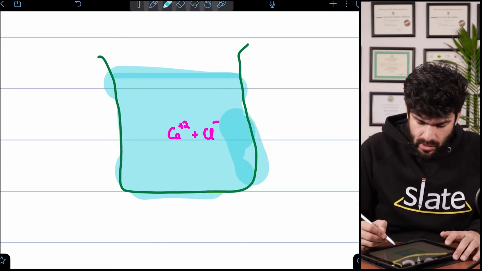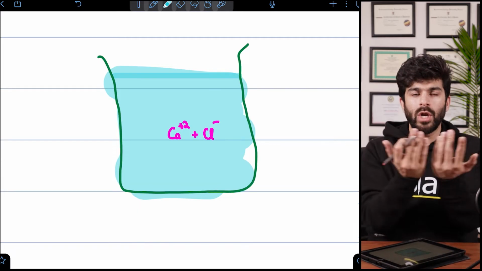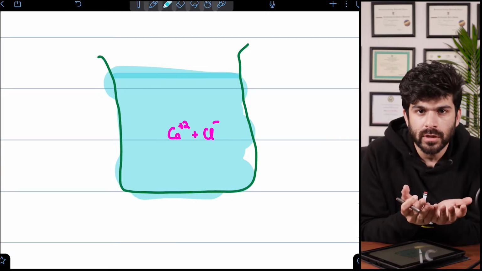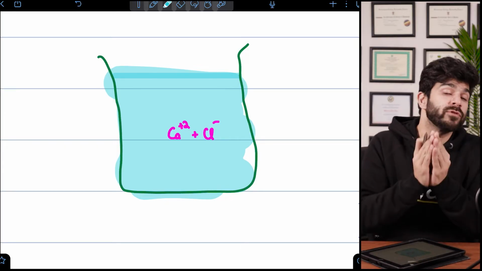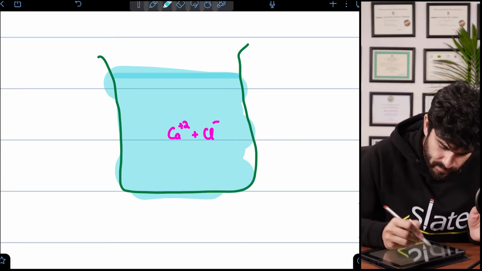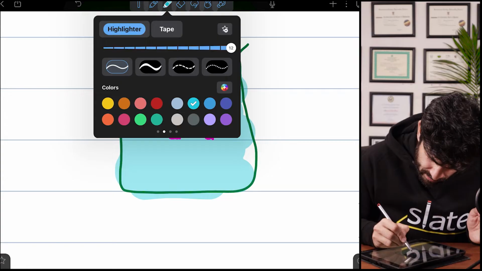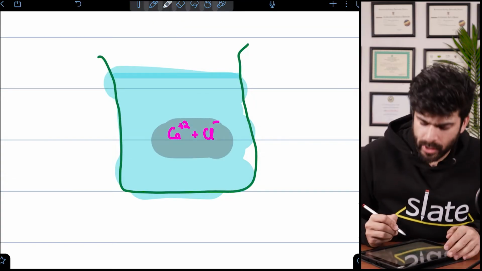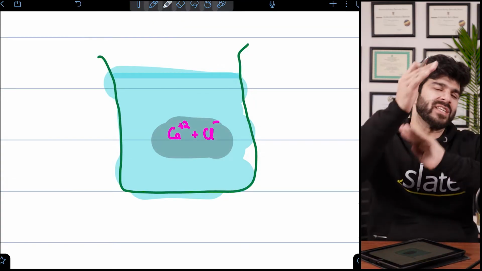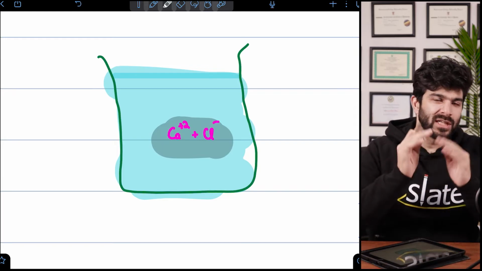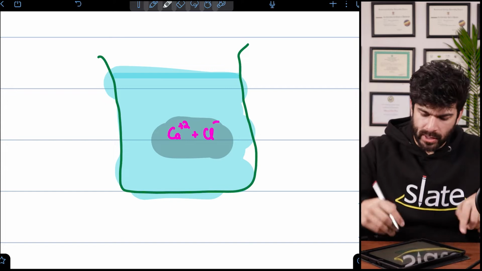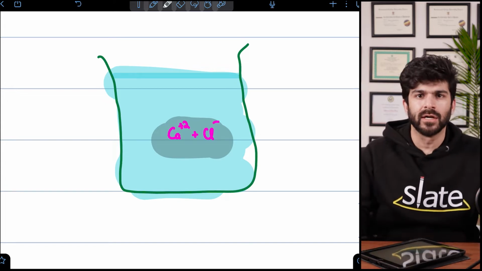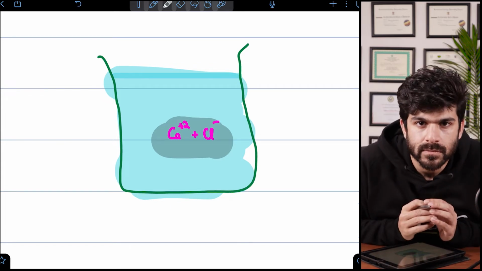So students, the whole of the solution is not the system. Remember, the whole of the solution is not the system. The system is just this part, where calcium is reacting with chloride. That's the system. And the blue part, the water, and even the external side of the beaker, that's the surrounding.